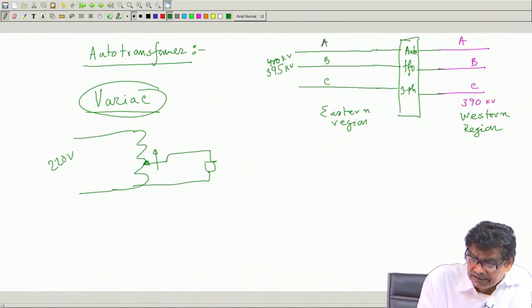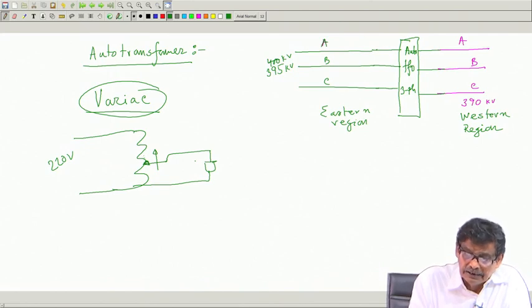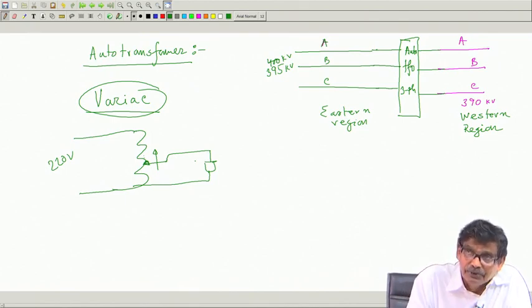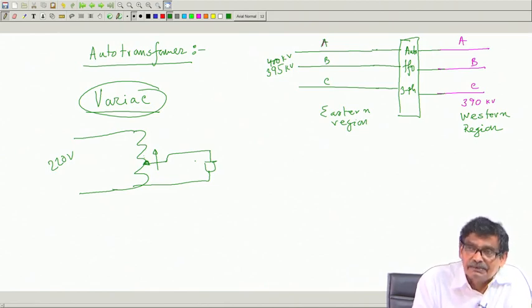The current distribution etcetera we have to find out from whatever analysis we have done, no doubt about it. But while making this variac, do you think the cross sectional area of this portion is less than the cross sectional area of this portion? No, because you do not know where it will be operating.